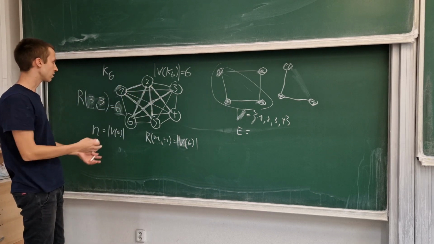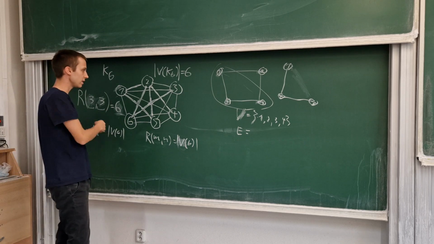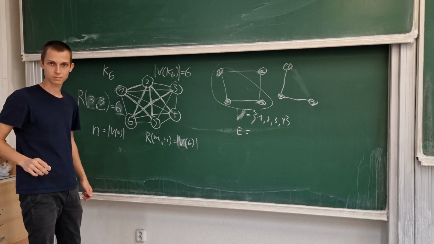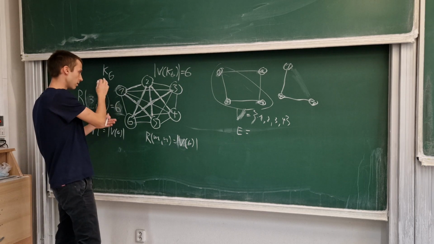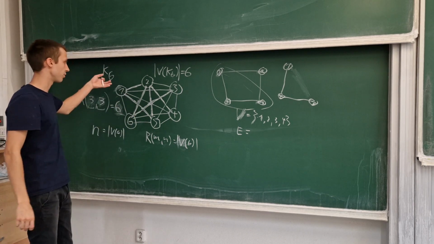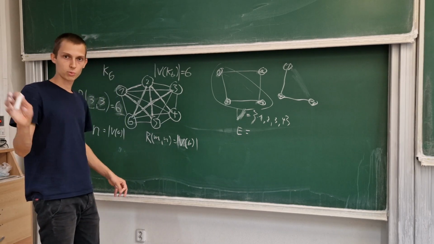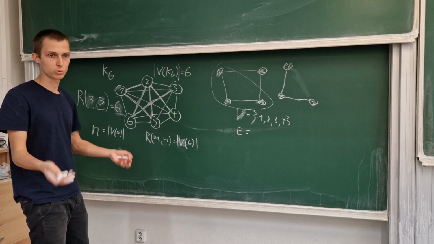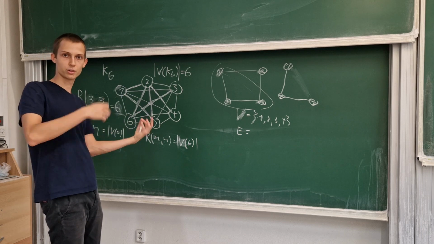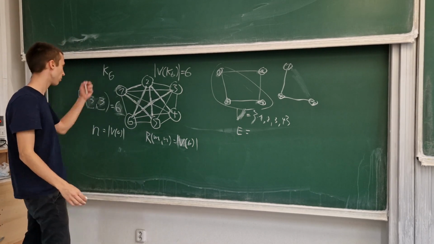And we have K6, again, a complete graph, 6 vertices, all connected by edges. So we have some amount of edges depending directly on the vertices. For complete graphs, as I said, we have a simple arithmetic formula, which lets us quickly calculate the amount of edges depending on the known amount of vertices.